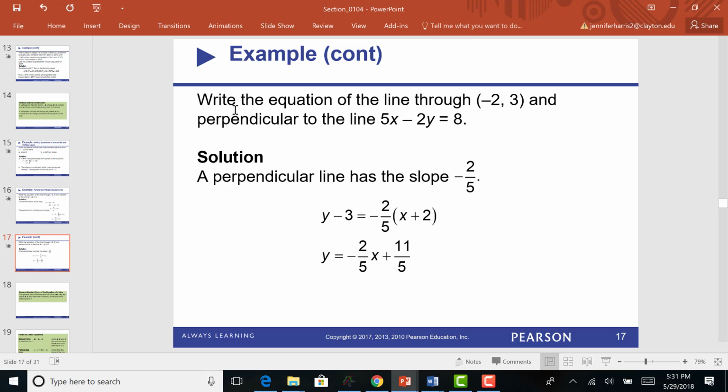So now what's my new perpendicular equation? Here's your perpendicular equation. What is it? Y equals negative 2 over 5x plus 11 over 5 as your perpendicular equation.